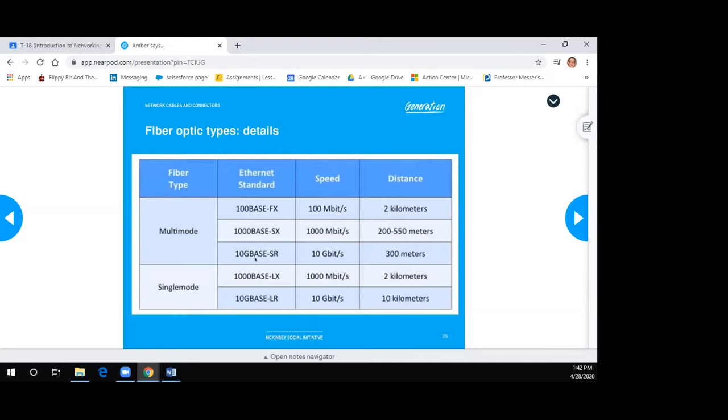And the 10 gigs goes up to 300 meters. Versus our single mode, which is the 1000 base LX, that one can go 2 kilometers also, and the LR can go up to 10 kilometers. That's the variance on the actual fiber itself.